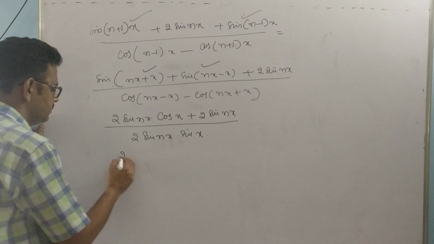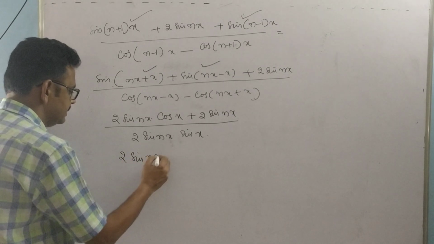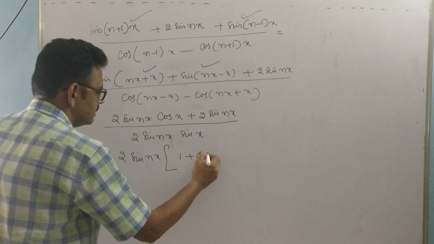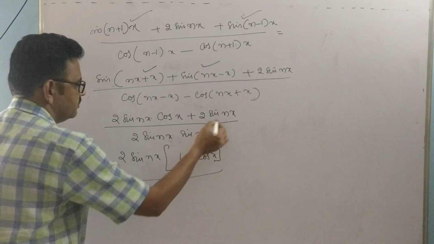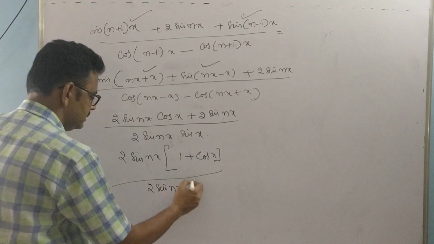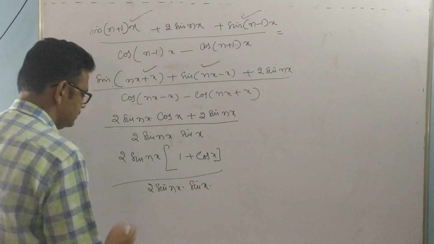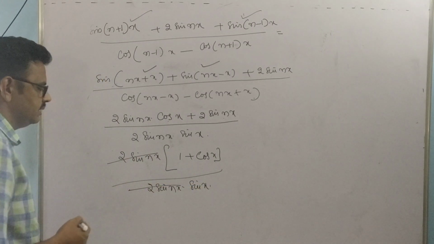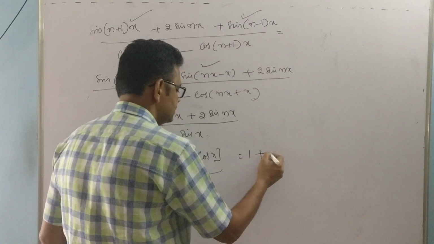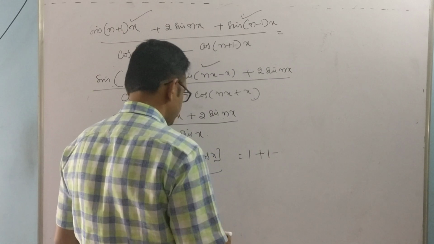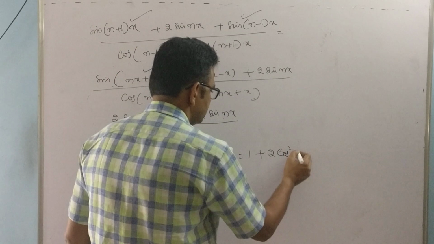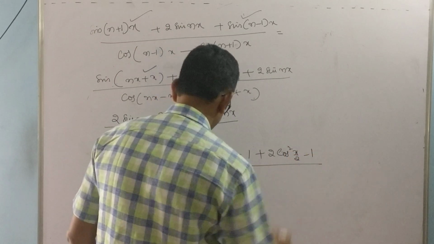Now you can take 2 sine nx common. So this is what? 1 plus cos x, this is 1, this is cos x, by 2 sine nx into sin x. So these two get cancelled. And 1 plus cos x, that is 1 plus, where cos x is equal to what? Cos x formula: 2 cos square x by 2 minus 1.